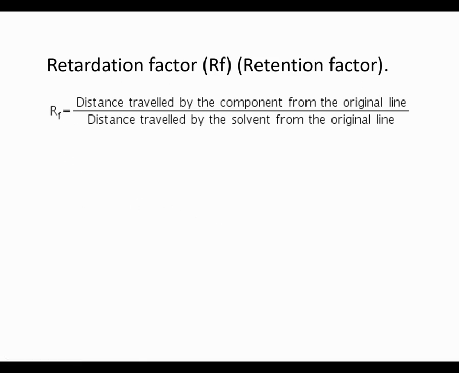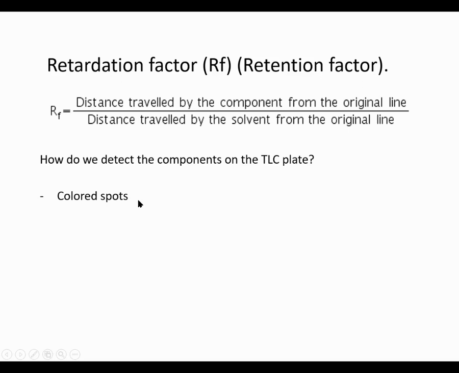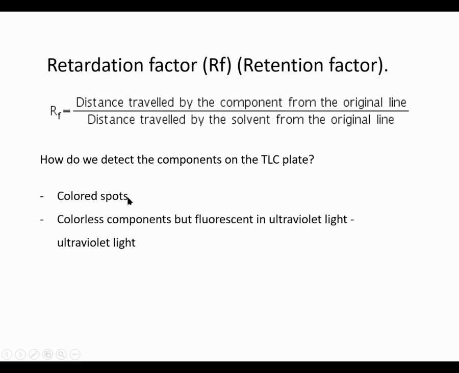We usually have ways to detect the components on a TLC plate. If it's a colored spot, you can see it right away by eye. The second one, if it is colorless but it usually glows under ultraviolet light, use an ultraviolet light. You can also use a covered jar containing iodine crystals.